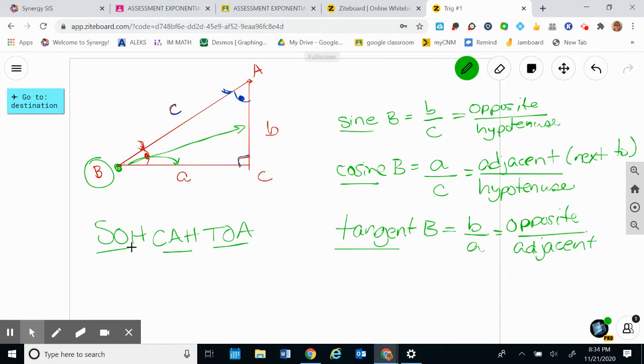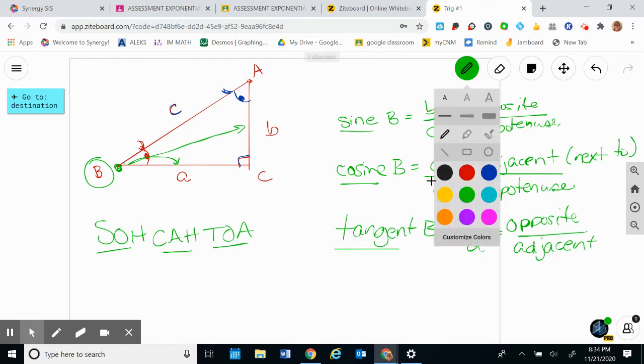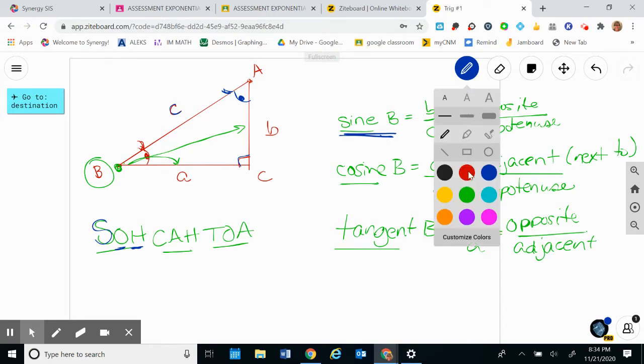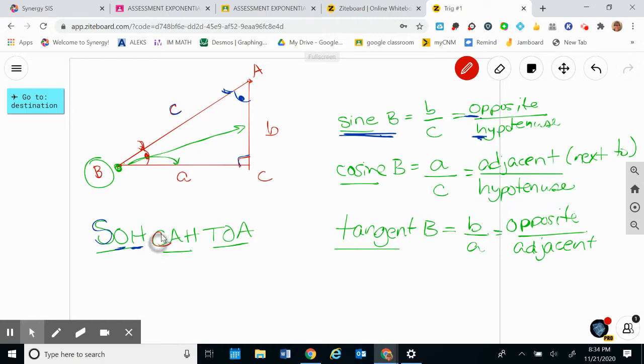SOHCAHTOA is a mnemonic to help you remember what sine, cosine, and tangent are. Look, the sine is equal to the opposite over hypotenuse. Okay, see? Sine, opposite over hypotenuse. Cosine is going to be adjacent over hypotenuse.